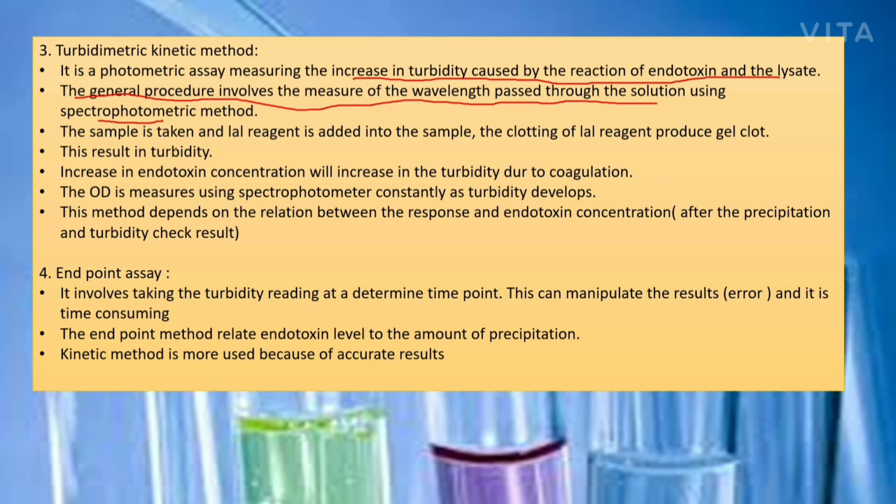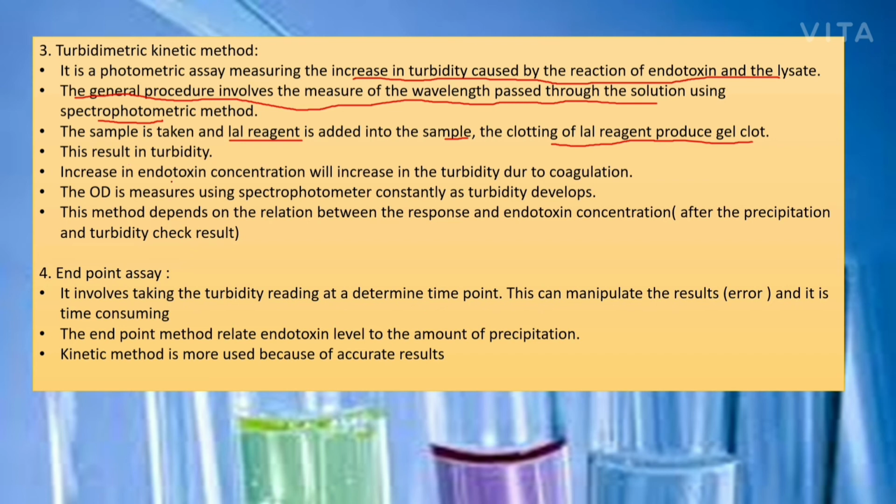The sample is taken, the LAL reagent is added to the sample, and the clotting of the LAL reagent produces the gel clot, as we all know. So this results in turbidity.